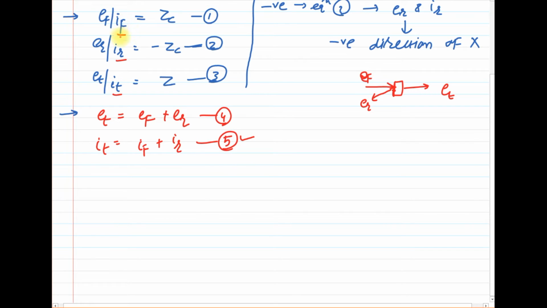So we have to substitute all the current values in this equation number 5. So we will get the answer as below. IT is equal to ET divided by Z, which is equal to IF.